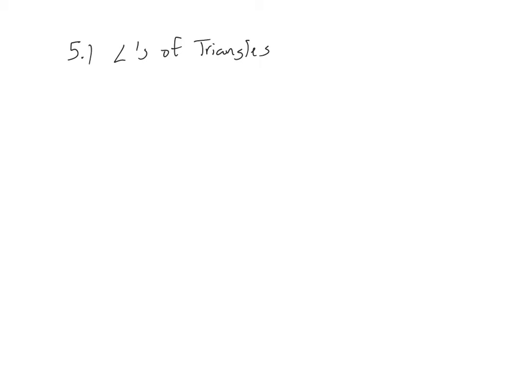So the first thing you'll need to look at is classifying triangles. You're going to use two words, one of them dealing with sides and one of them dealing with angles.